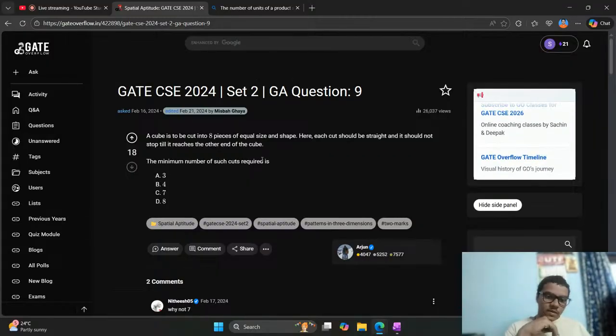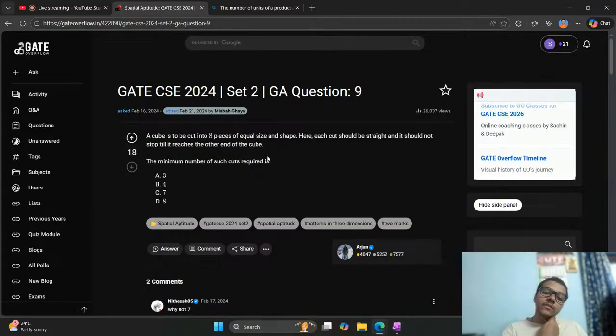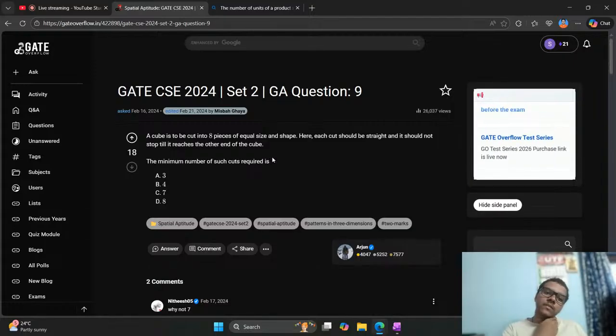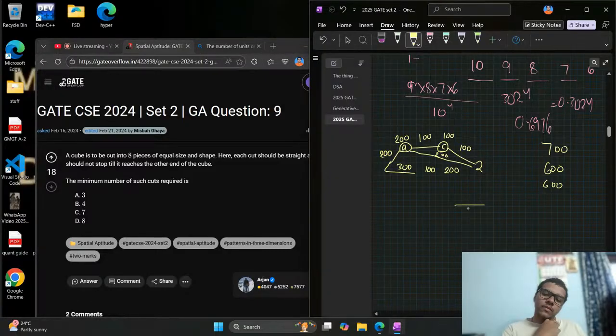Cube is cut into 8 pieces, equal size and shape. Okay. And here each cut should be straight. Okay, so this is our lovely cube.